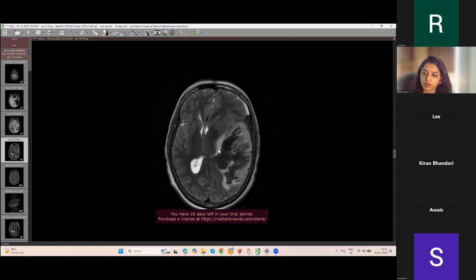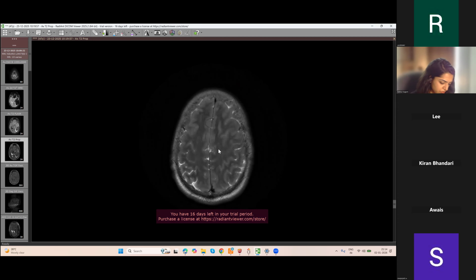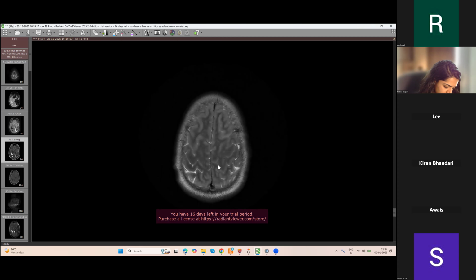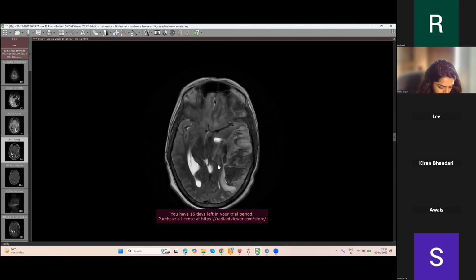So on T2 weighted images, I can see that there is an abnormal signal intensity area re-demonstrated in the left parietal and the temporal lobe.